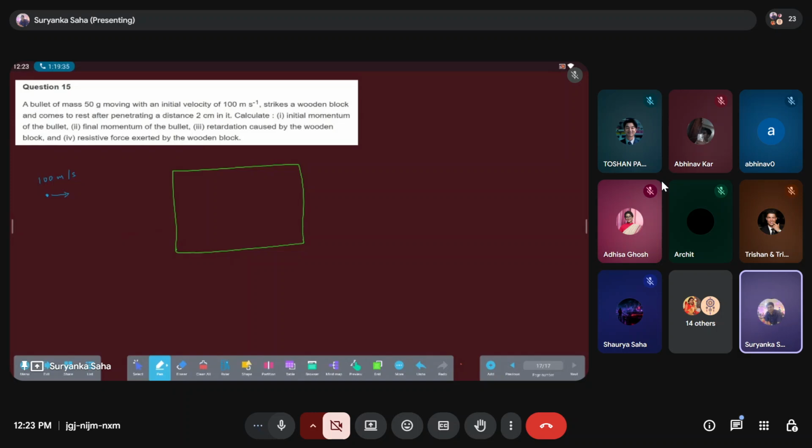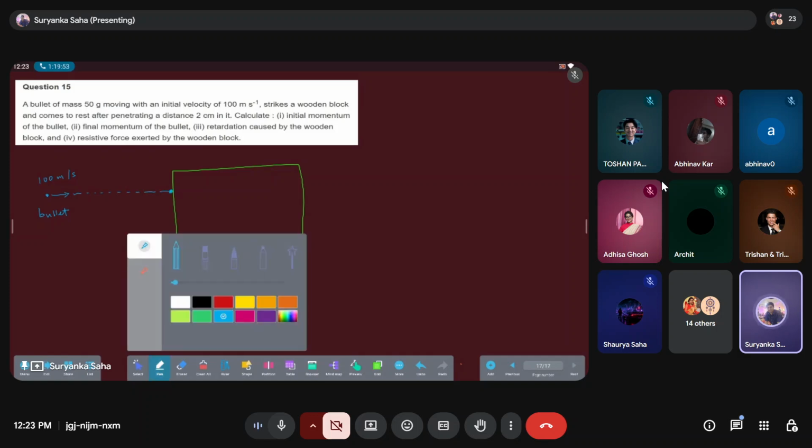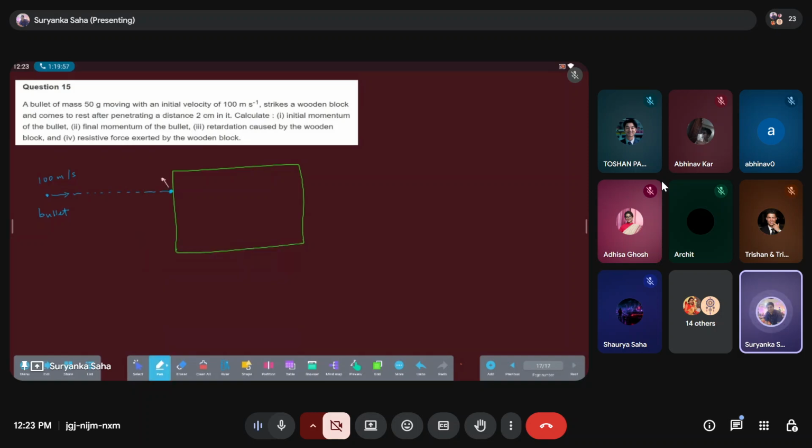So this is the bullet, and it is moving with this mass and it is striking over here. Just before striking, what will be the velocity of the bullet? Just before striking, it will be 100.